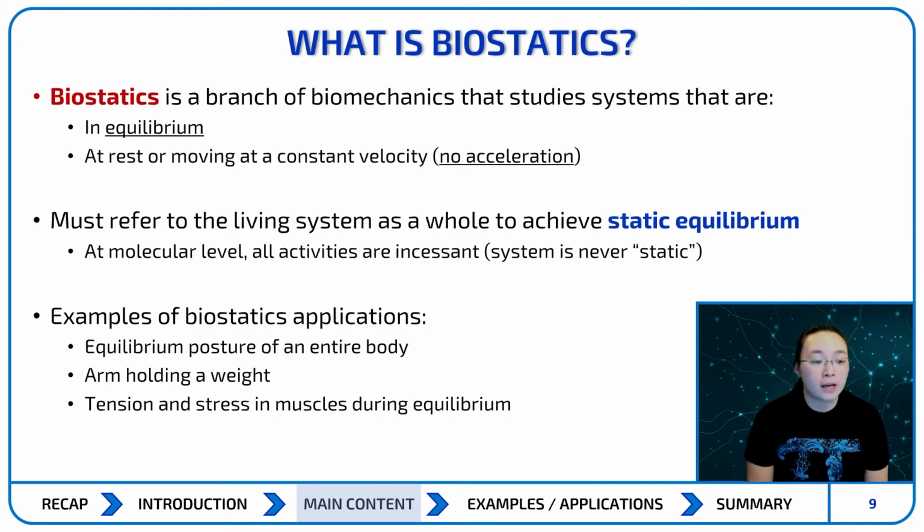So what is biostatics? Biostatics is a branch of biomechanics that studies systems that are in two states. Number one, the condition is that it's in equilibrium. What equilibrium means is that all the forces balance out so that there's no net force moving in a certain direction. So there's usually a net force of 0. With biostatics, the object is either stationary or at equilibrium.